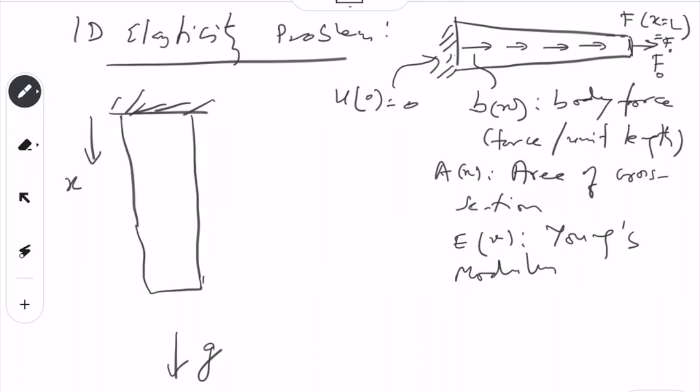So, let us say at this point if you want the body force, okay. So, let us say area is A(x), or this is dx, one slice we are taking. So, total volume dV will be nothing but A(x) times dx, yeah.